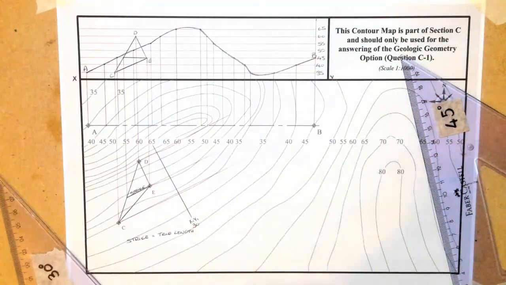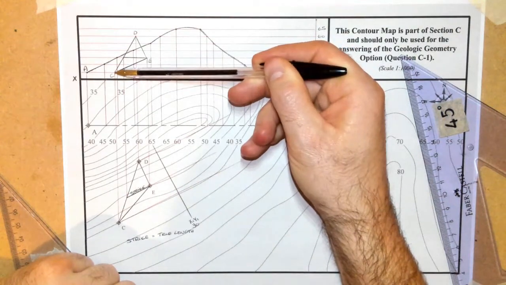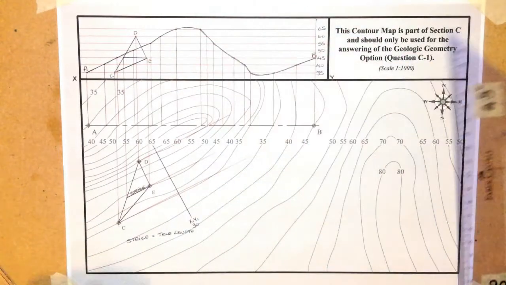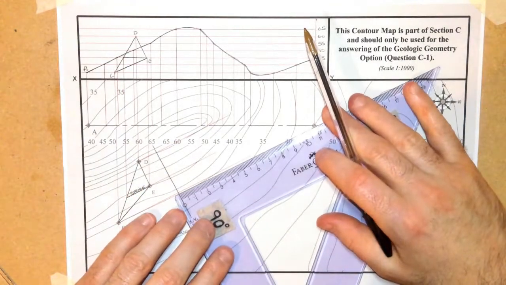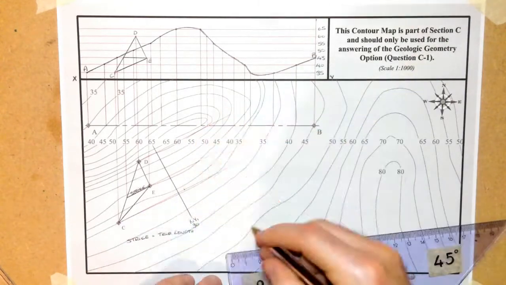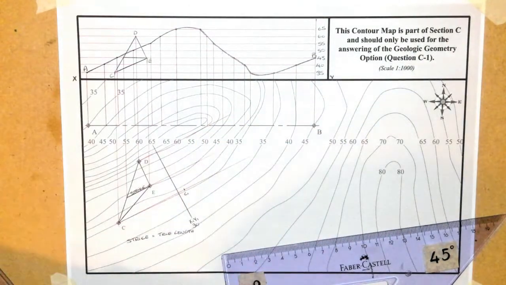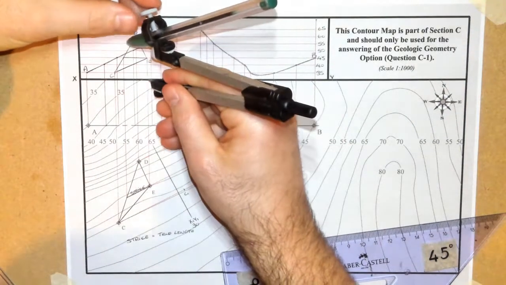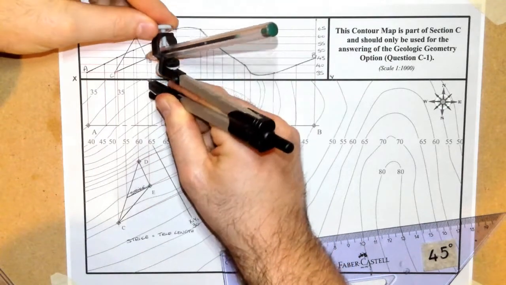Okay, so what we're going to do is take the heights from up here. Now we know C, from the XY line as we were treating it, is up 5 millimeters. So for C down here, project from plan, take your heights from the elevation. Going to measure up a distance of 5. So that point right there is C1. Now for E, going to take the height like this.